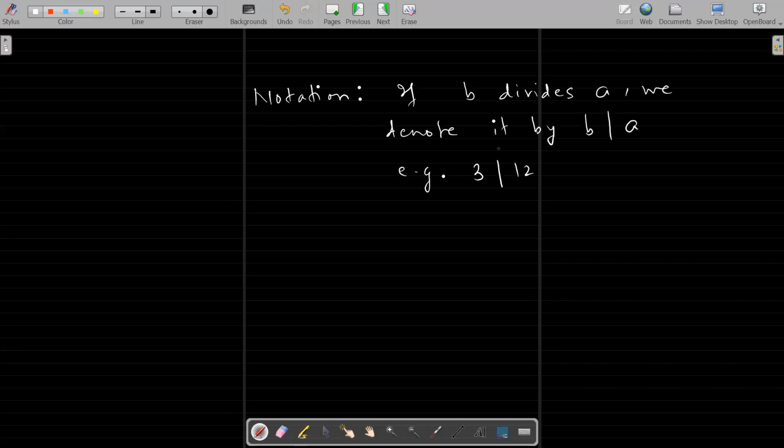It simply means number this side divides number this side. That's it. Is that okay? So 3 divides 12, 4 divides 12, and I want to say 5 does not divide 12, and not is usually done by slash. So for example, this is equal to and this is not equal to, right? So we give a slash for not, negation. 5 divides 12, no. 5 does not divide 12. Is the notation clear?